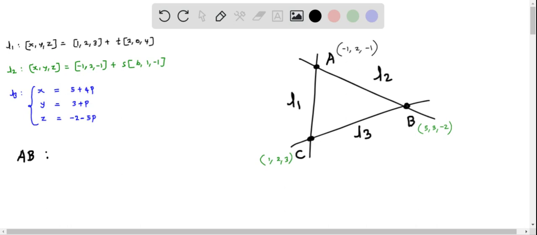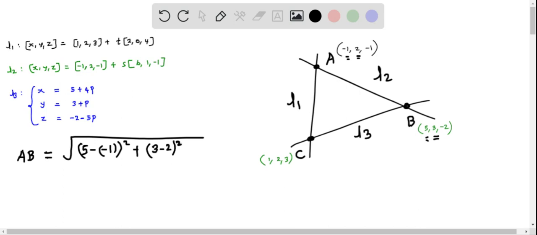AB equals under the root of x2 minus x1, that is 5 minus of minus 1, quantity square, plus y2 minus y1, that is 3 minus 2, quantity square, plus z2 minus z1, that is minus 2 minus of minus 1, quantity square.